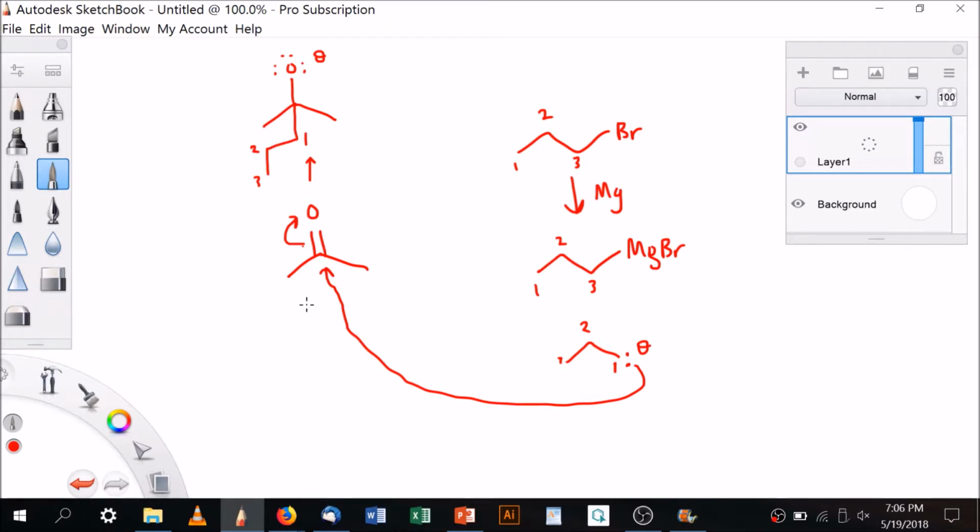So to avoid miscounting, I'm going to number them every time. 1, 2, 3. 1, 2, 3. And you might call these X and Y. That's going to help you avoid miscounting.